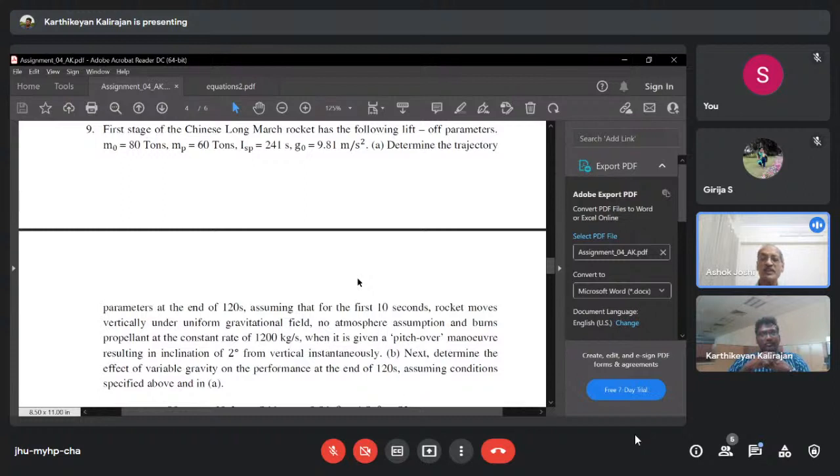So what they would do is create a kind of launcher on which the sounding rocket would be kept, and that launcher would be given a small angle from the vertical right at the beginning, so that right from the start it will move on a curvilinear trajectory, and the launcher for some time will constrain its pitch-down maneuver because it was a rigid structure.